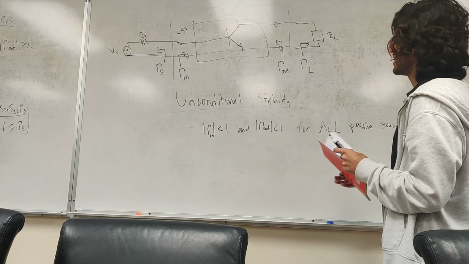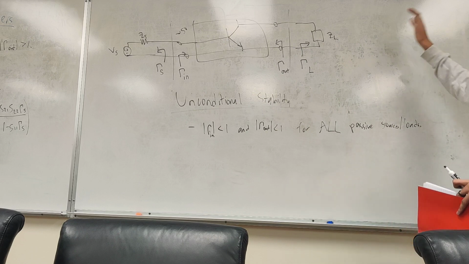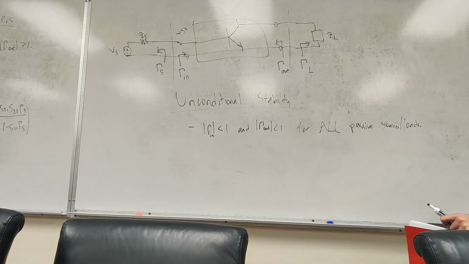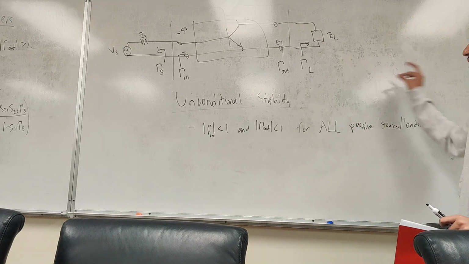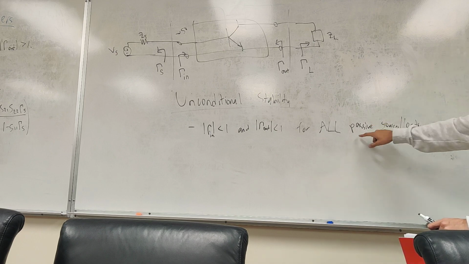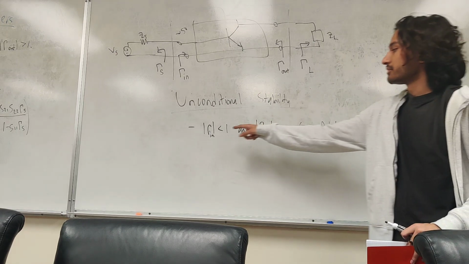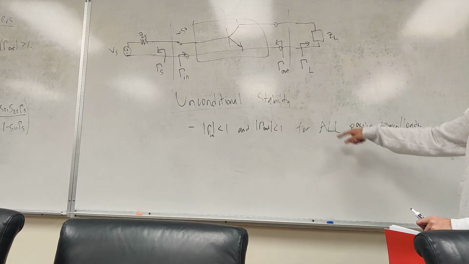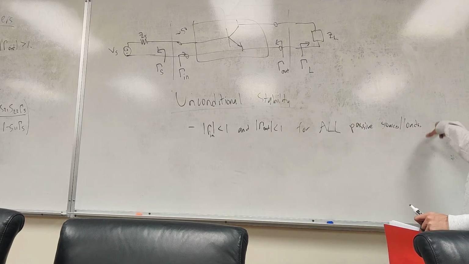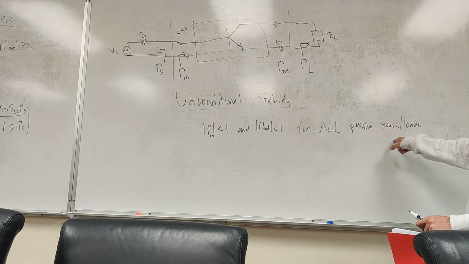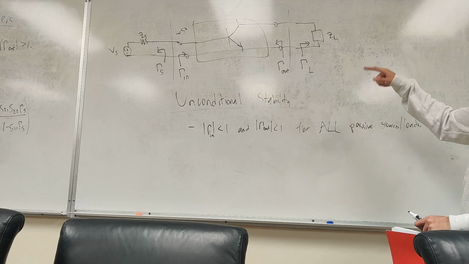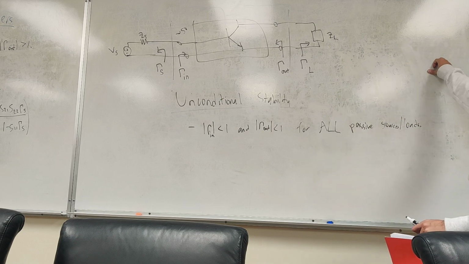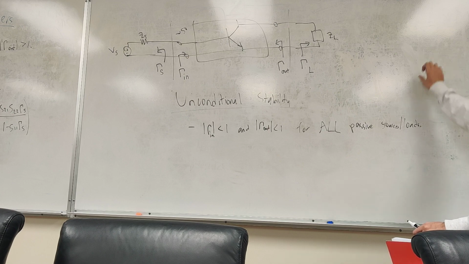What this means is ZL could be a 1 ohm resistor, it could be 1 megaohm, ZS could be 1 ohm, 50 ohms, whatever. No matter what ZS and ZL are, as long as they are passive, and these hold for any passive elements, we're not going to be oscillating. So if we can get to this stage where ZL and ZS don't affect our stability, that's good, right?